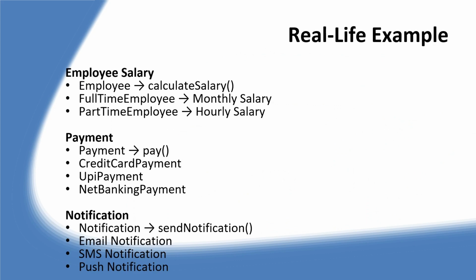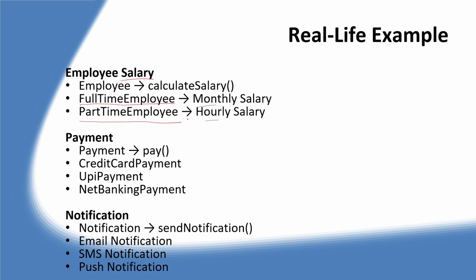So let's say every employee receives a salary, but the salary calculation differs for a full-time employee and a part-time employee. Every employee will get a salary, but the calculation of salary will be different. The logic will be different for a full-time employee and a part-time employee.